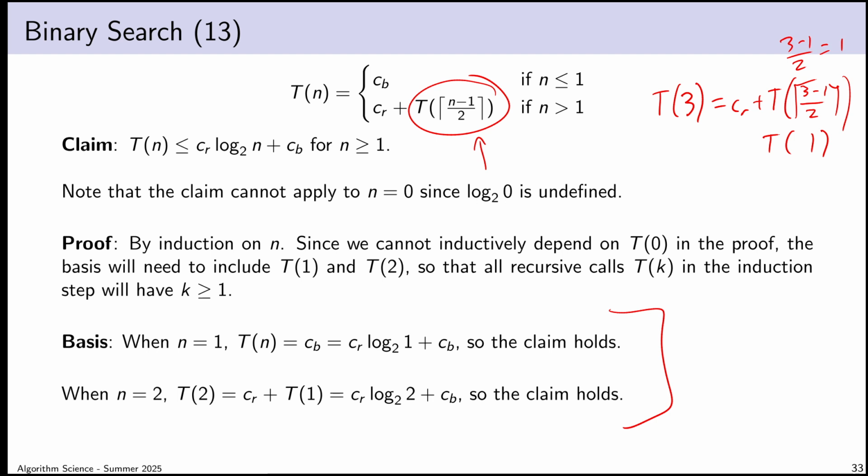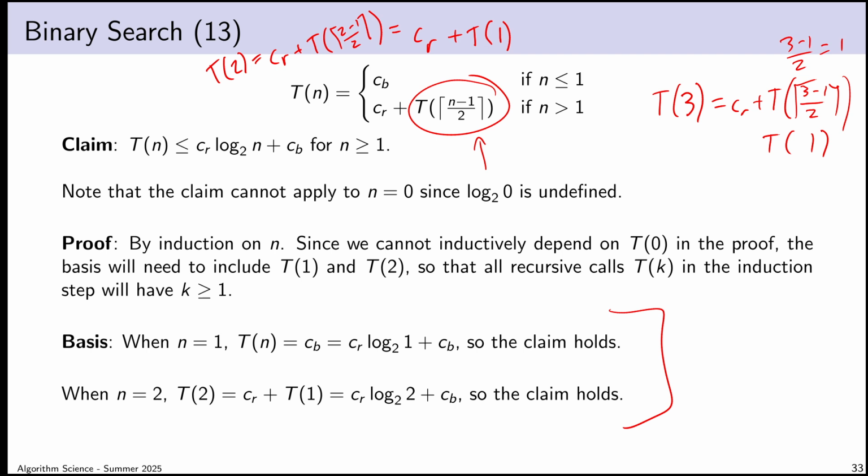Nothing depends on T0. On the other hand, if I look at T2, T2 equals CR plus what? Well, the ceiling of T of 2 minus 1 all over 2. Actually, you know, that might work as well. Okay, so 2 minus 1 over 2, let's see, so that's equal to CR, sorry for writing up in the margin here, plus, okay, 2 minus 1 is 1, that divided by 2 is 1/2, that's going to be T of 1. So actually, T of 2 doesn't depend on 0 either.